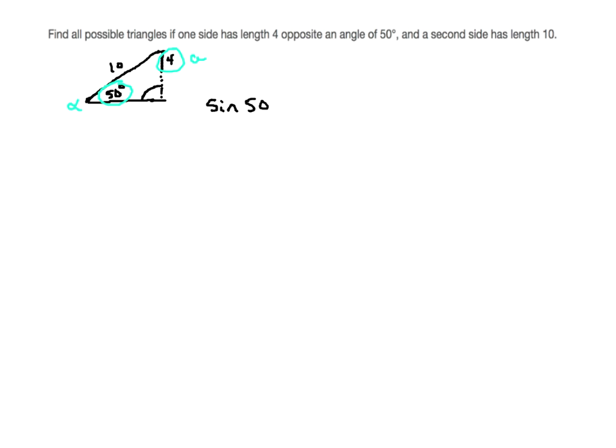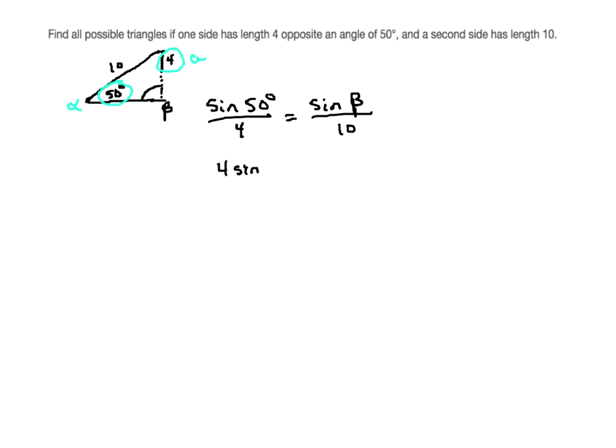Okay, so the sine of 50 degrees over 4 has got to be equal to, we'll call this angle beta, the sine of angle beta divided by 10. Okay, cross multiply.